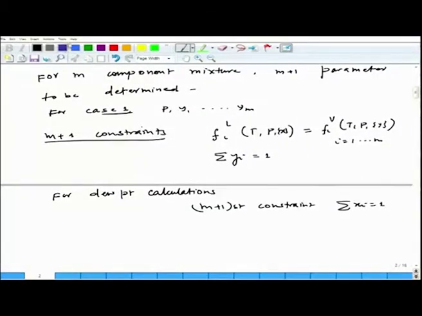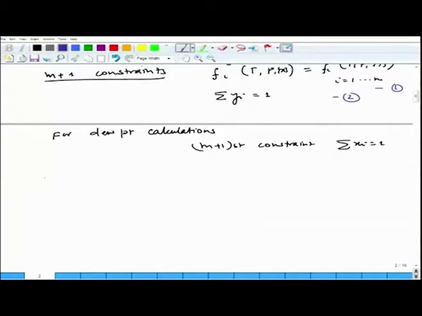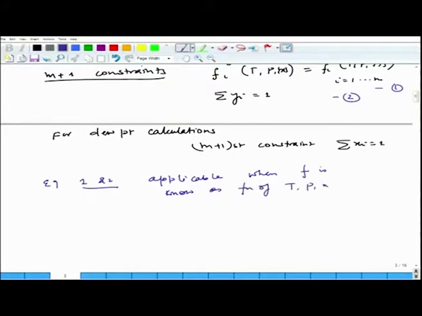So, let us say this equation is 1, this is 2. If you look at equations 1 and 2 together, equation 1 is applicable when the fugacity is known as a function of temperature, pressure and composition. F is known as a function of T, P and x, or composition x or y.